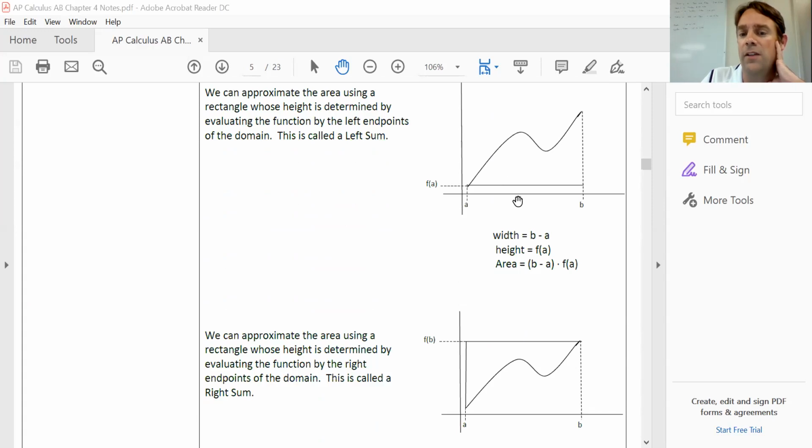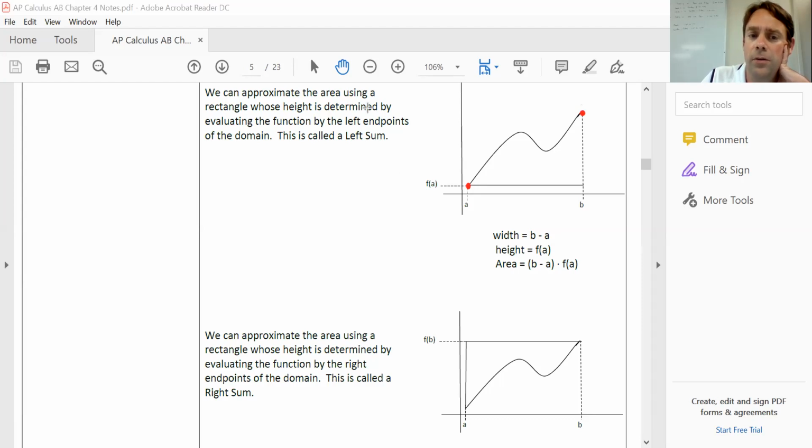So let's take a look at this. If I want to find the area underneath these endpoints, and you guys have these in your printed notes, so you can access them if you want to. Notice there are endpoints on this closed interval that I'm looking at.